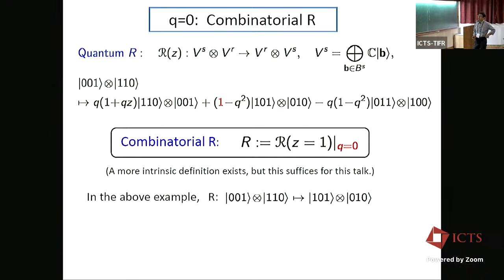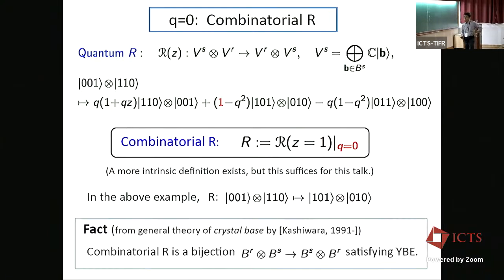So the combinatorial R is practically just the Q=0 limit of the quantum R matrix in some good normalization gauge or basis. And in this talk, I specialize Z also to 1. The above example corresponds to this situation. So 001 tensor 110 gets mapped to this. Namely, we lose all the linear superposition and we are left with combinatorics.